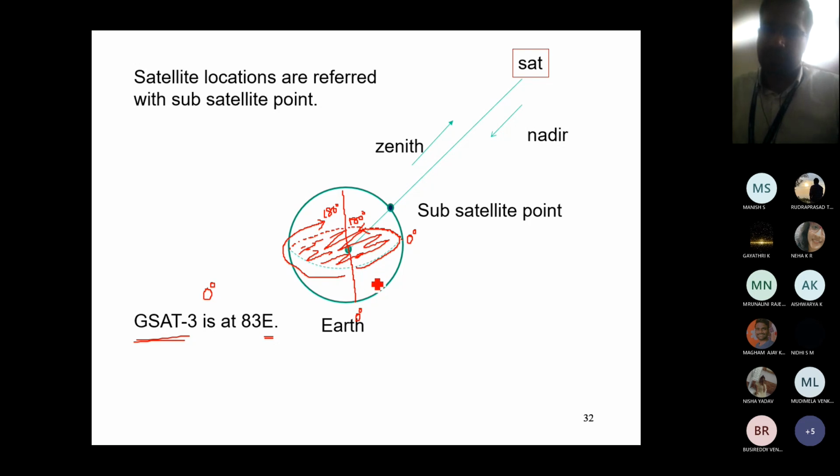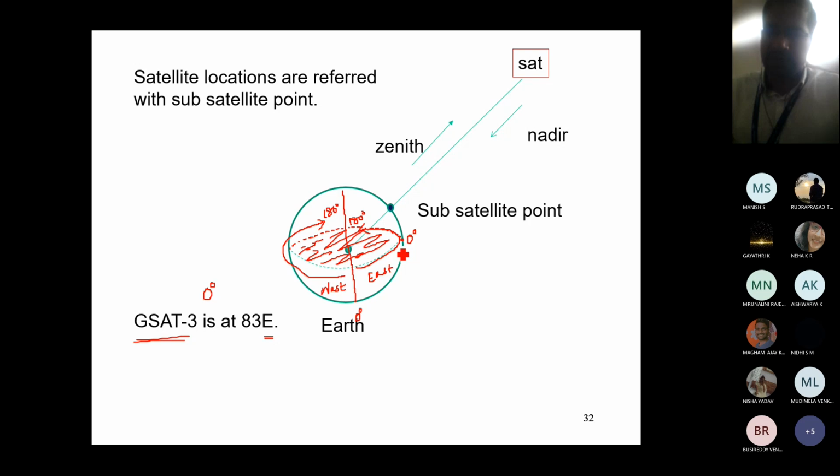So this side will be east, and this side will be west. It has been said the location is 83 degree east. So 83 degree east means somewhere, because this point is 0 degree, this point will be 90 degree, and on the backside exactly here it will be 180 degree.